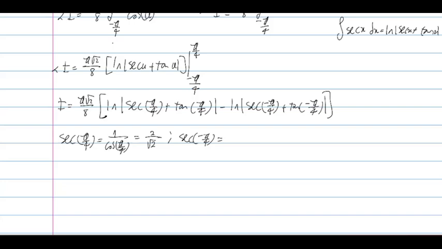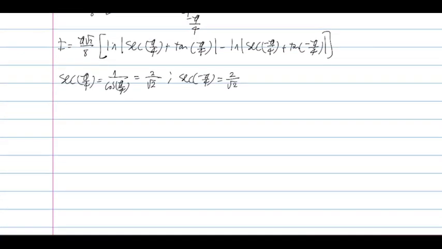It's 2 over root 2. Now tangent of pi over 4 is 1, and tangent of negative pi over 4 is negative 1. So let's substitute pi root 2 over 8.